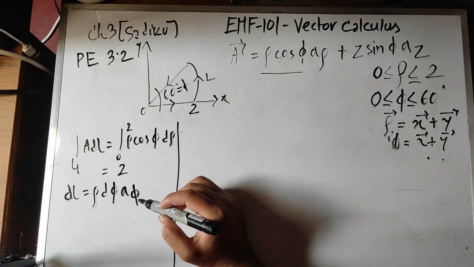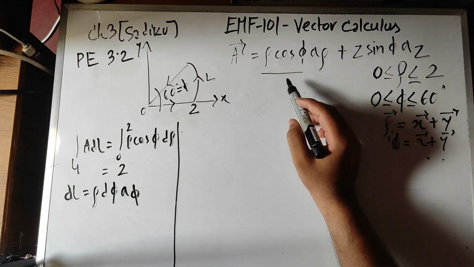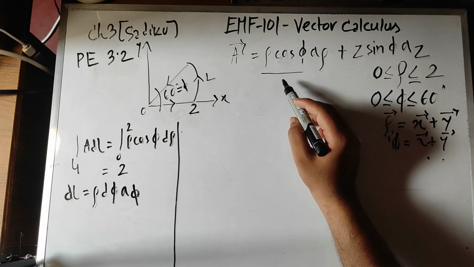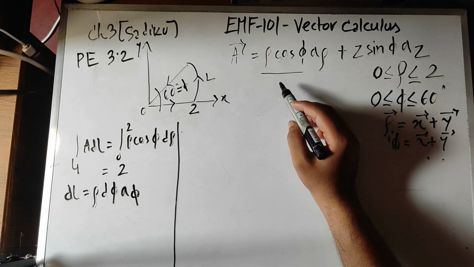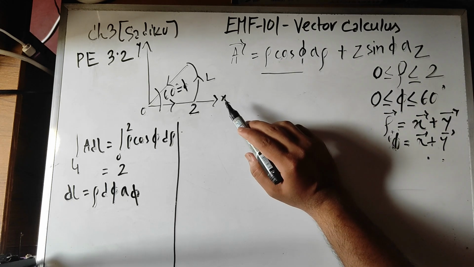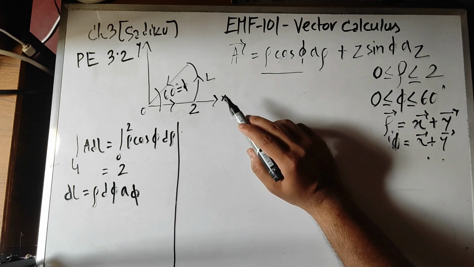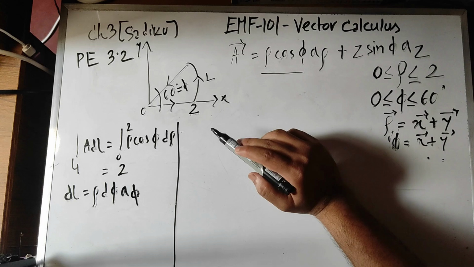So basically this vector is in the cylindrical coordinate system, and we are solving a line integral problem, so we need to know what the differential length is.